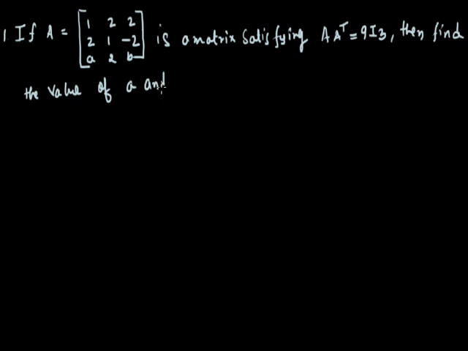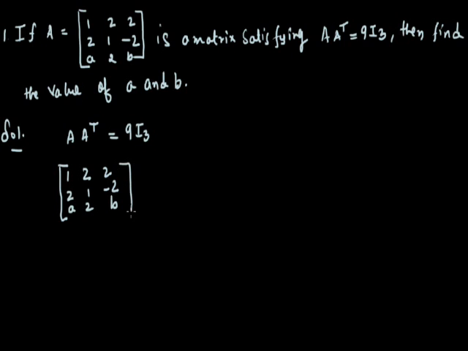Now it is given that A into A transpose equal to 9I3. Now A is [1, 2, 2; 2, 1, -2; a, 2, b], and A transpose is [1, 2, a; 2, 1, 2; 2, -2, b].